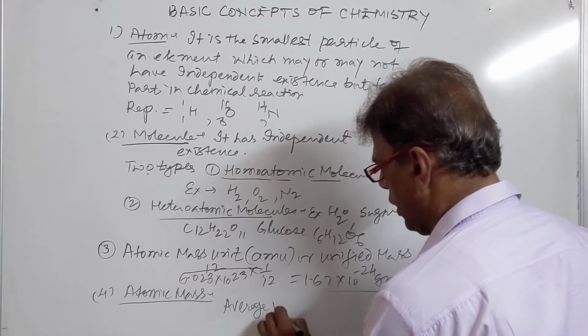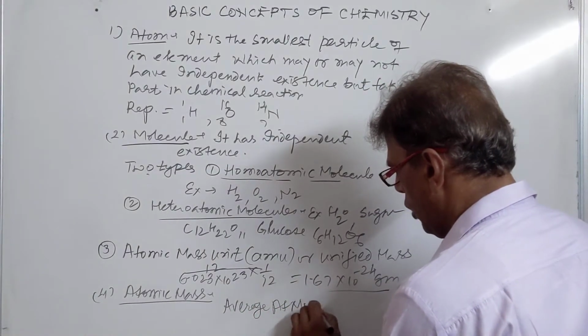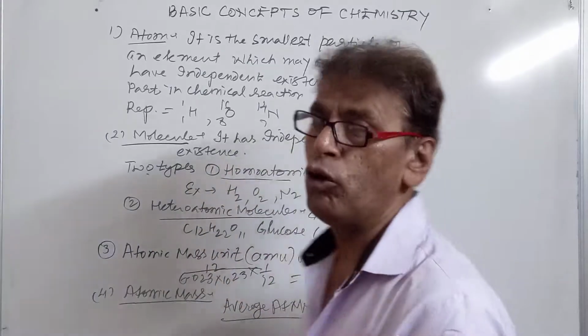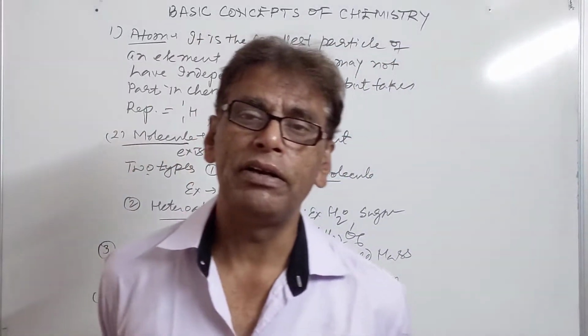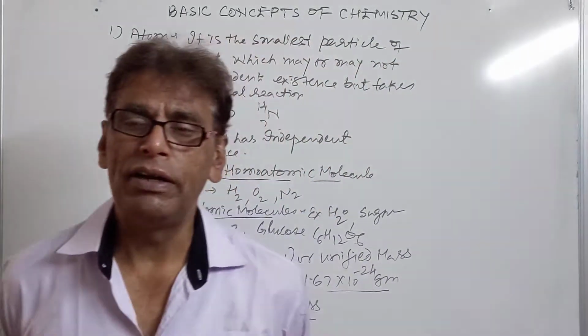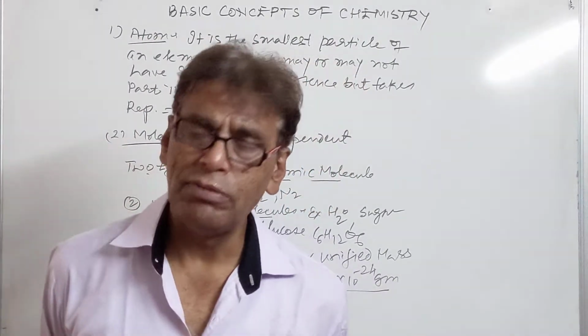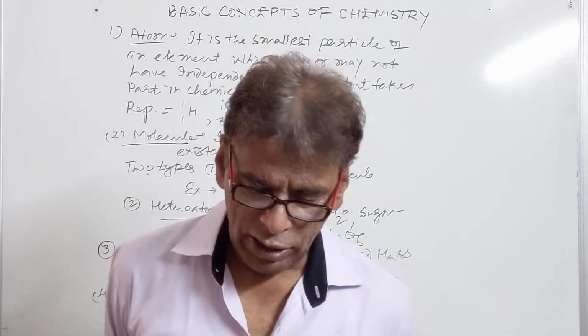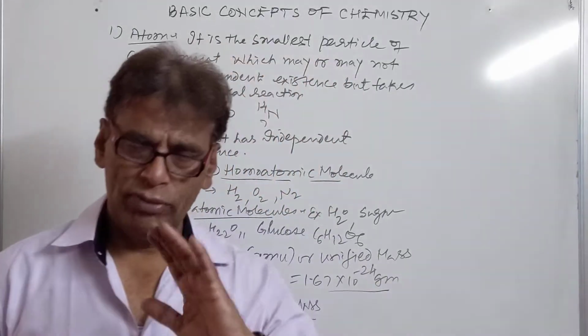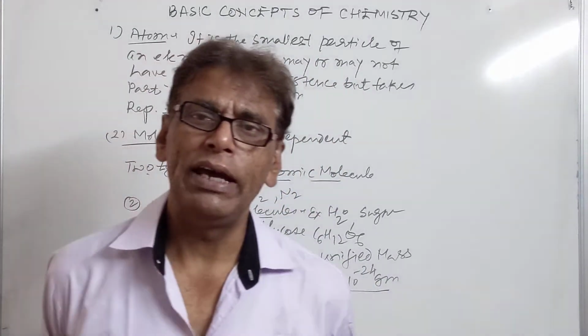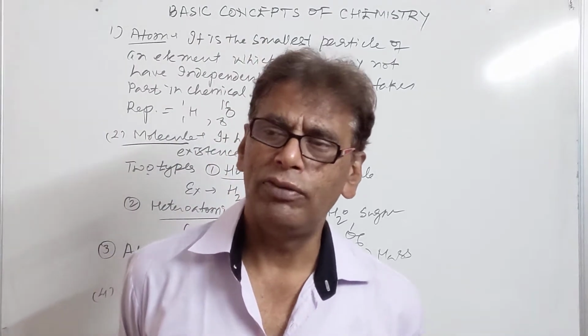Average atomic mass we have said in the definition. So average atomic mass is taken in those cases where we have different isotopes which have different mass numbers but they have the same atomic number. So in that case we take the average. For example, chlorine has two types of isotopes.